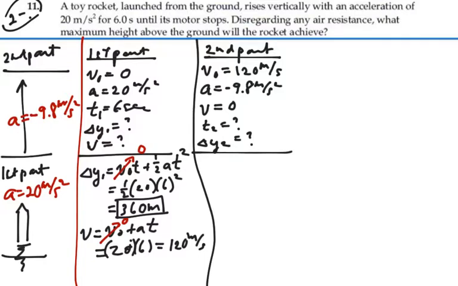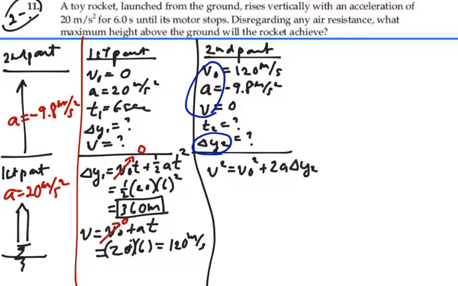So if I focus in on the three variables that we do know and the fourth one that we're asked for, then we can set up our equation based on that. And it looks like I'm going to use kinematic equation number 3. So final velocity squared equals initial velocity squared plus 2 times acceleration times delta y2 in this case.